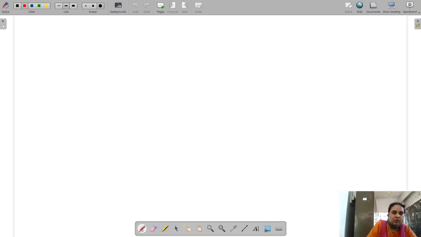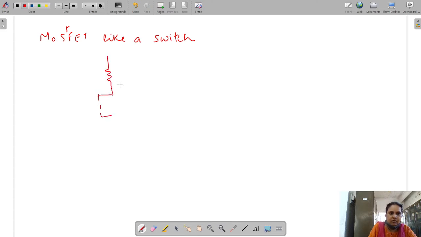So we studied the MOSFET like a switch. This is the MOS symbol, this is the drain, this is the gate, and this is the source terminal.